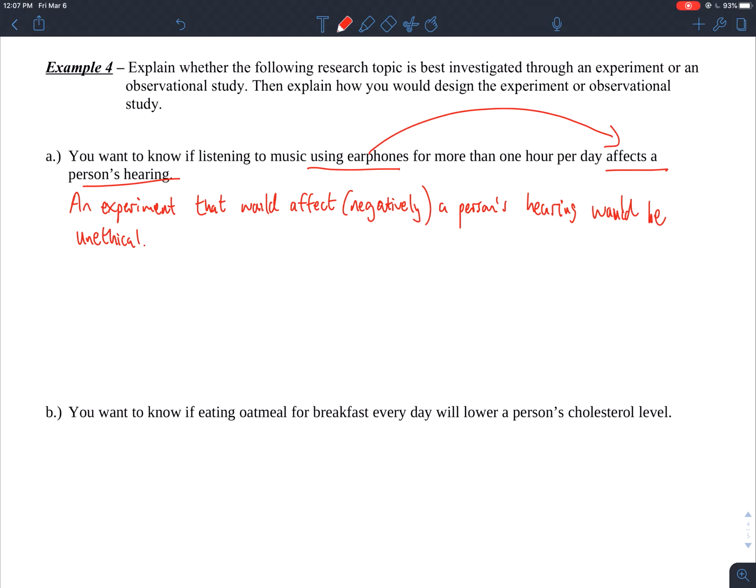I can't assign you to a group of people wearing earphones if I think that your hearing is going to get worse by being in the experiment and listening to music on earphones. That's crazy. You can't do stuff like that, okay?